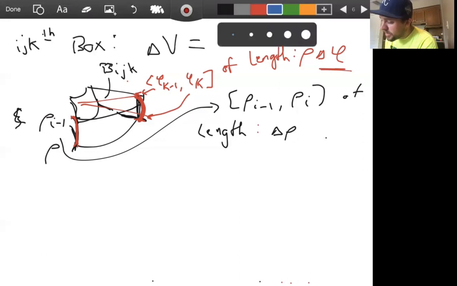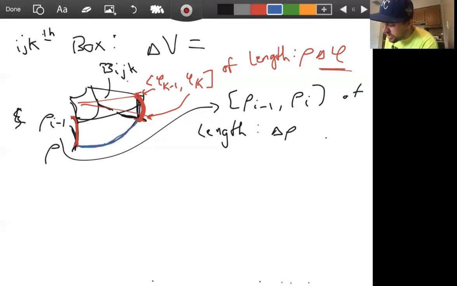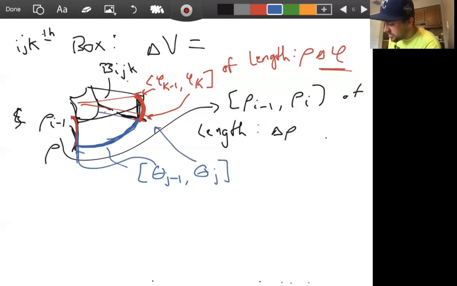And the last thing we need is this change between, so this is going to be the interval theta j minus 1 to theta j, right, where theta j minus 1 is this angle here, and theta j is this angle here, right? And now we want this change, which is also curved, right?